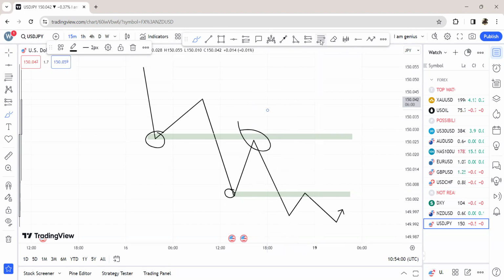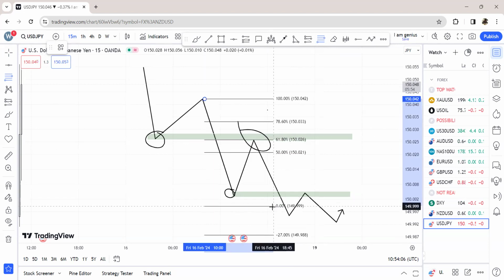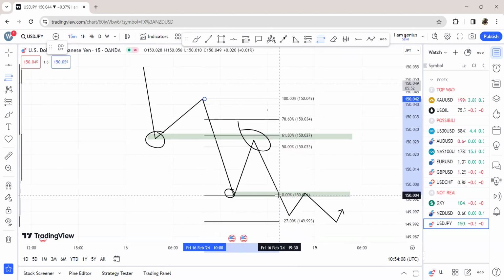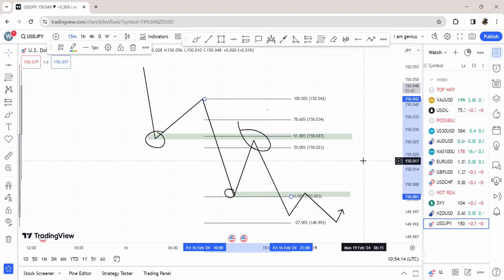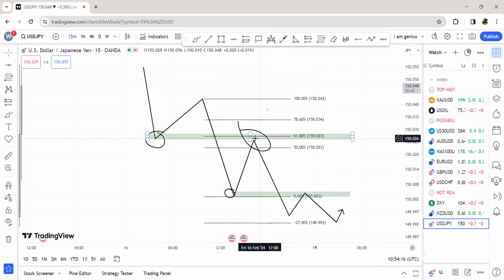So you can still go back to the Fibonacci, start where this impulsive move started from. From there, remember my point 0 has to be on the highest point or lowest point the market has reached. So in this case, it's there. So you notice that this turning here was exactly on our golden ratio. So that means from here, I have even more confidence that this trade is going to play out.